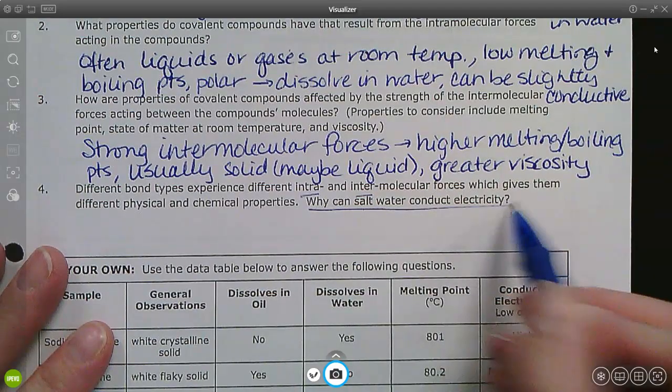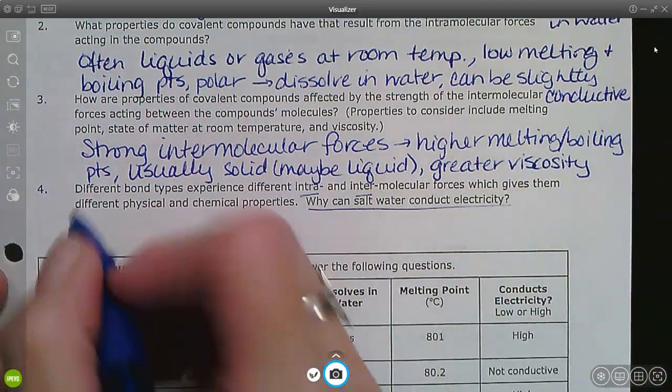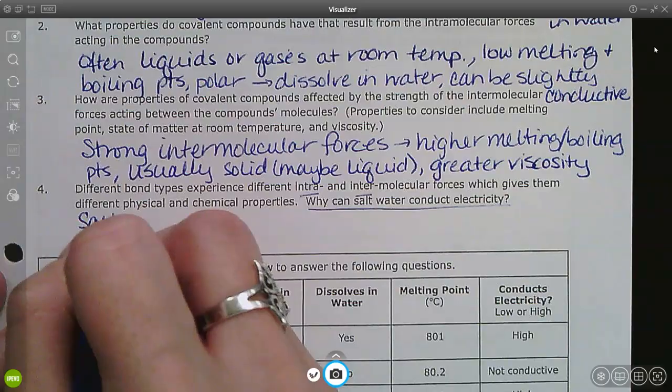Why can salt water conduct electricity? Salts are ionic.